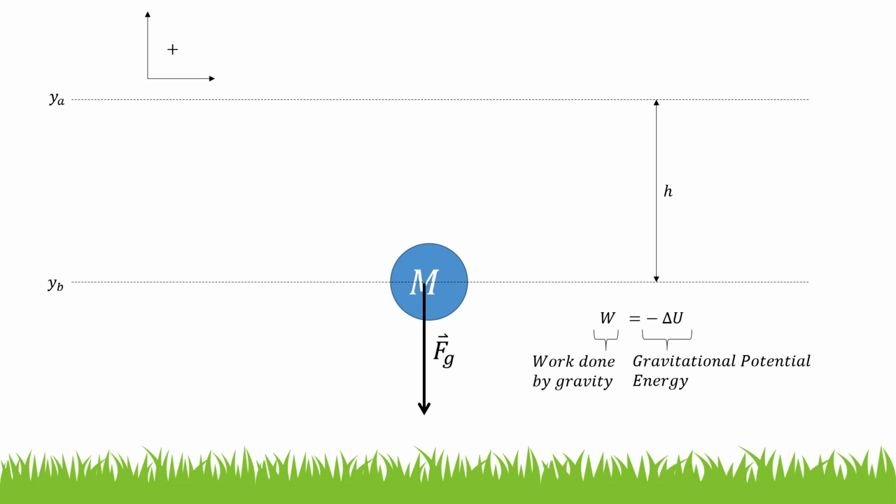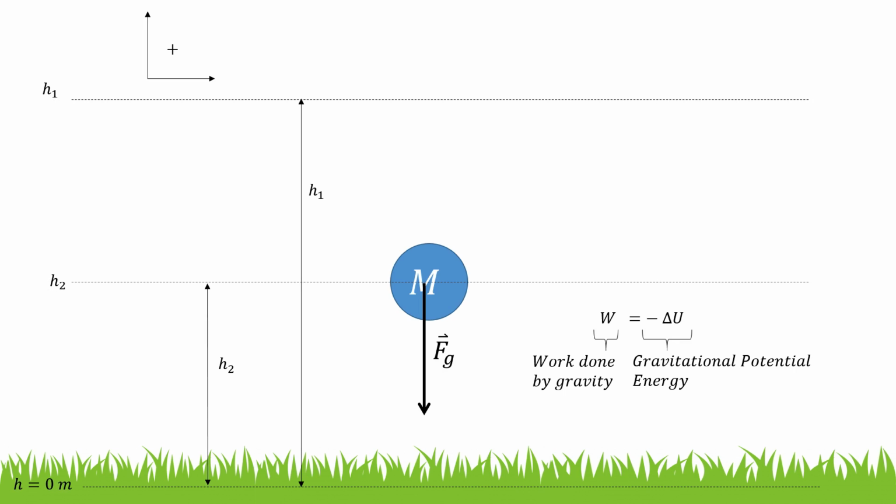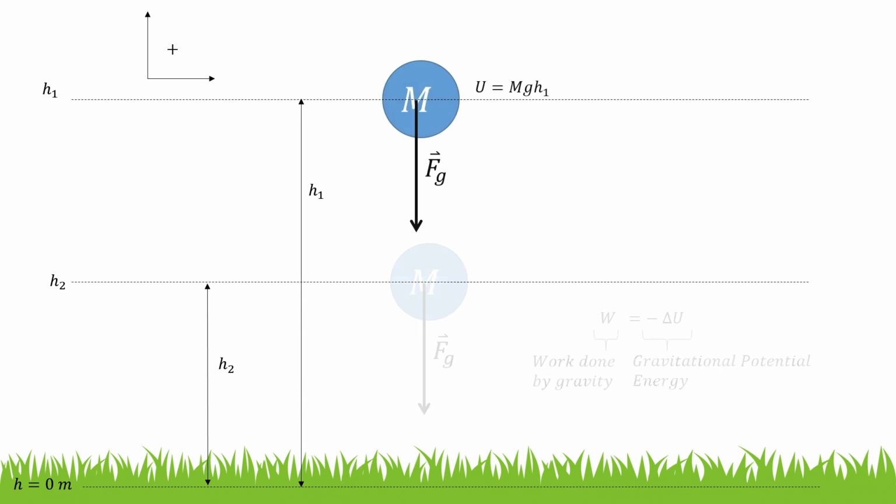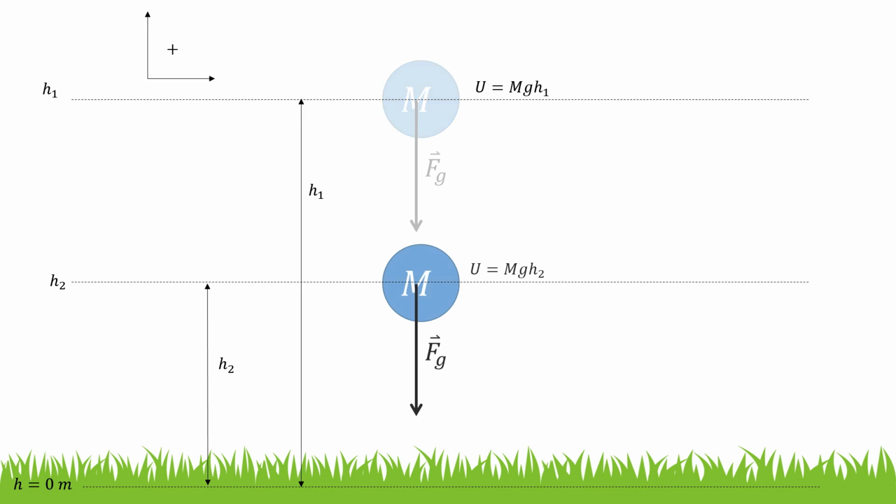To help see the usefulness of this description, think of defining a certain elevation as a height of 0. In this case, let's choose the ground as height equals 0. We then call the potential energy of the mass at any given height mgh, where h is the height above the ground. A mass at height h1 has potential energy mgh1, and a mass at height h2 has potential energy equal to mgh2.